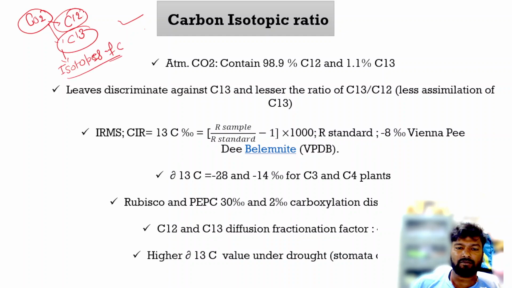Nearly 98.9% of carbon in the form of CO2 is in the form of C12, and only 1.1% is available in the form of C13.